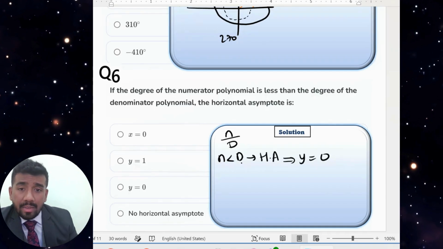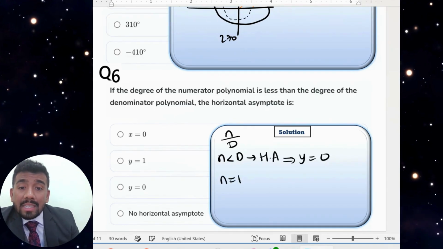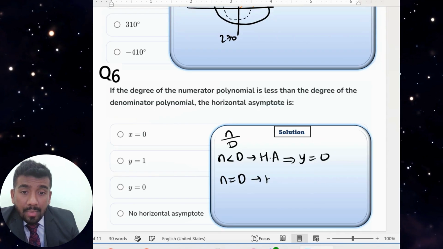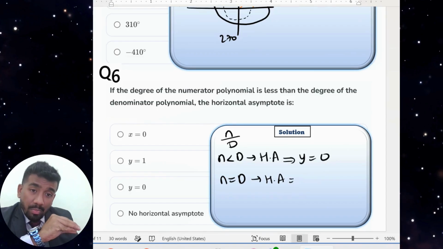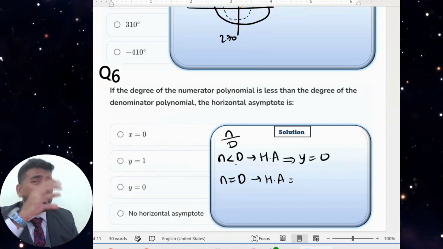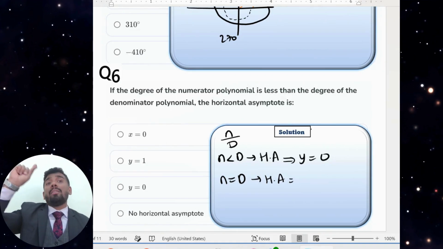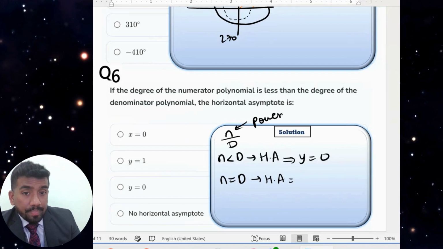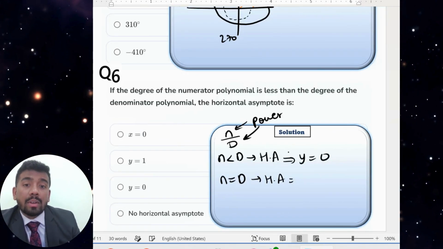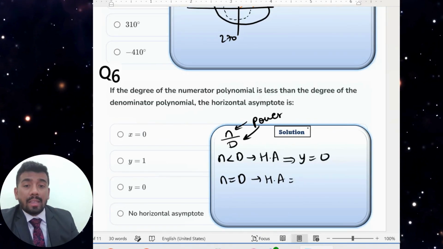That's your x-axis. If the numerator is equal to the denominator, that's the most common case, when the upper power is the same as the lower power. What do I mean by numerator and denominator? I mean the power, the exponent's power, the power of the x, power of the y, anything.